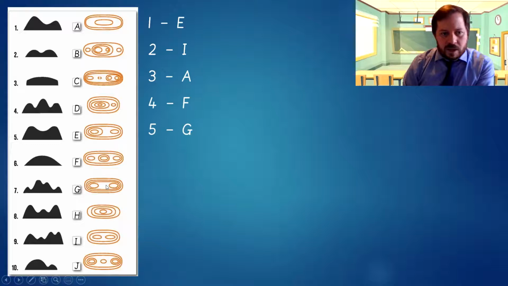Then we move on to 6, which is a singular hill and relatively uniform, which is H, which means generally speaking it's the same. 7, we've got 1, 2, 3, 4 peaks, and you can see it's steep here. So what we're looking at in this case is B, which is this one here.